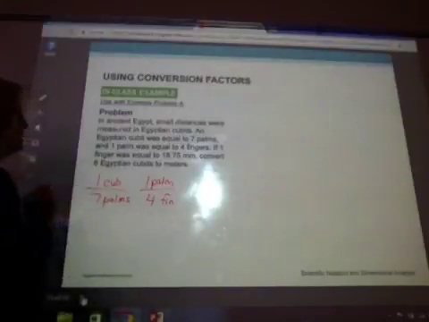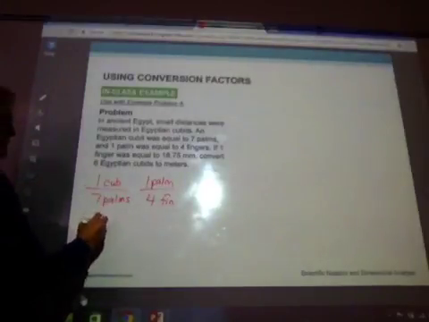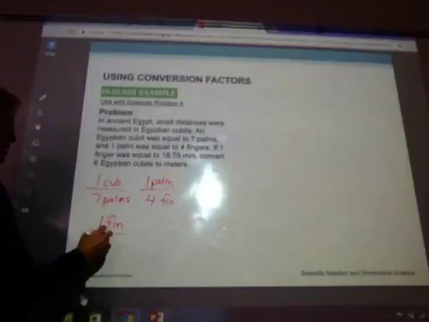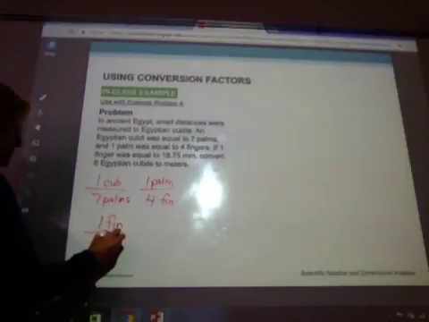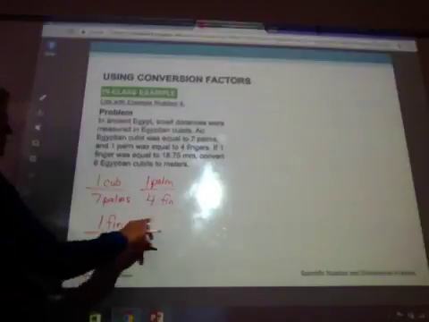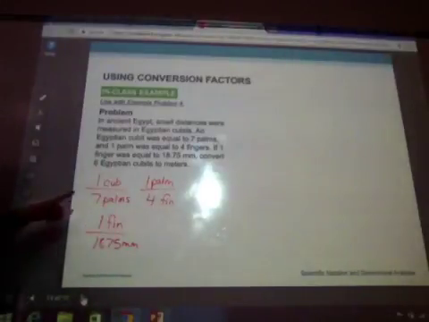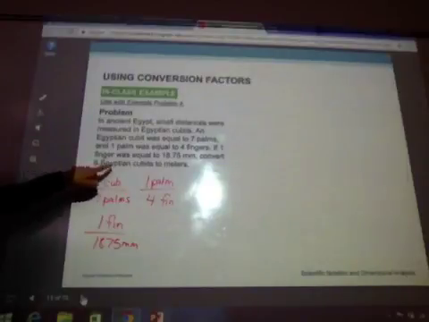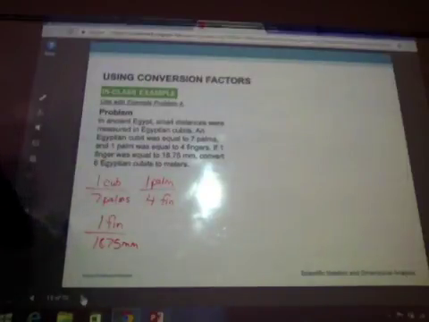And 1 finger was equal to 18.75 millimeters. So here it's given me conversion factors. Now it's asking me my question. Convert 6 cubits to meters.